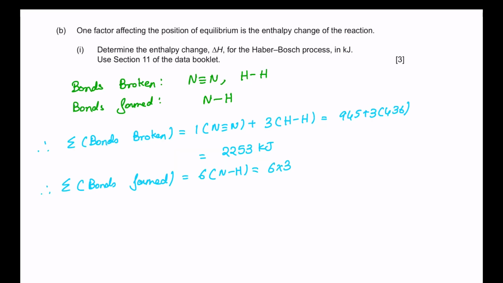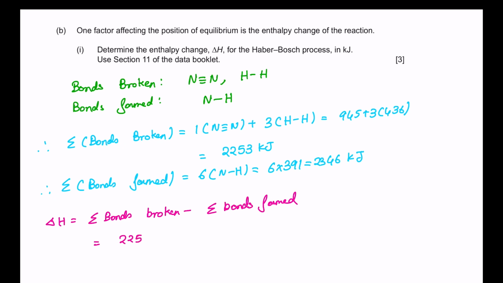So 6 times 391 will be 2346 kilojoules, right? The enthalpy of this reaction will be the summation of bonds broken minus the summation of bonds formed. That is 2253 minus 2346. If you simplify, we'll get minus 93 kilojoules. That will be the answer to this part of this question.